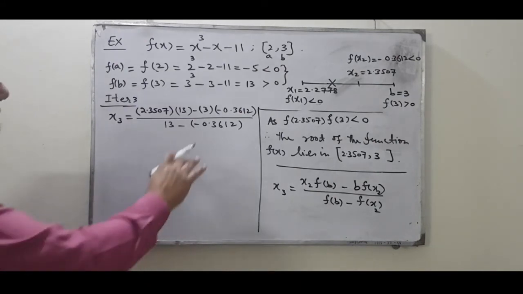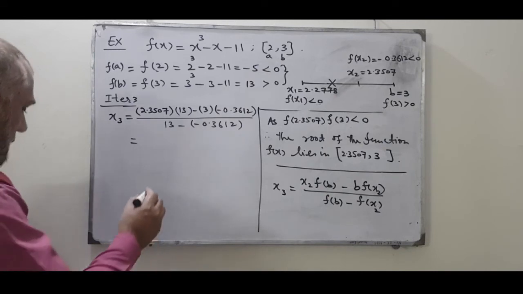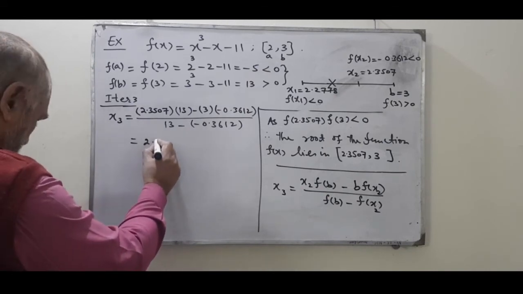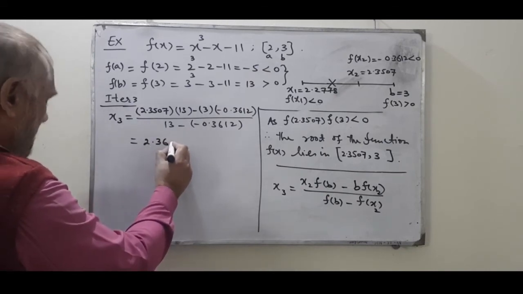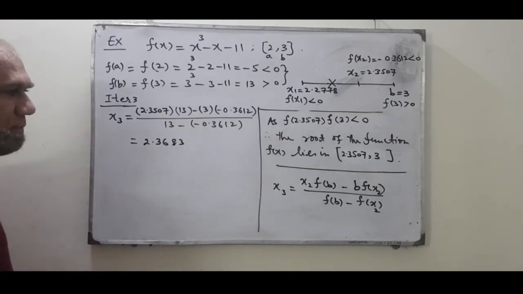And now you can use your calculators and find the value. The result will be 2.3683. You can verify it up to 4 decimal places.